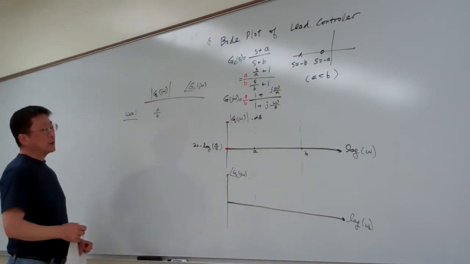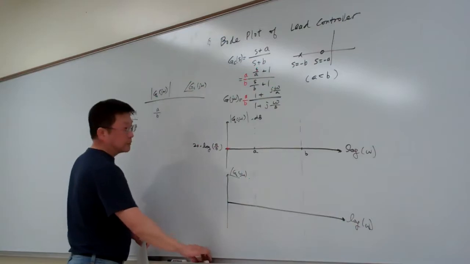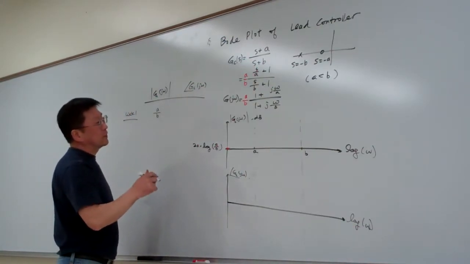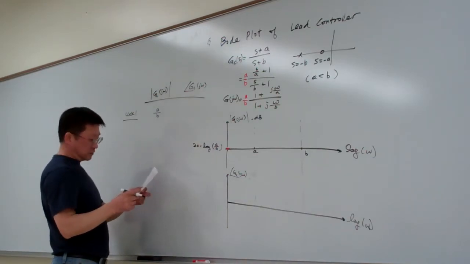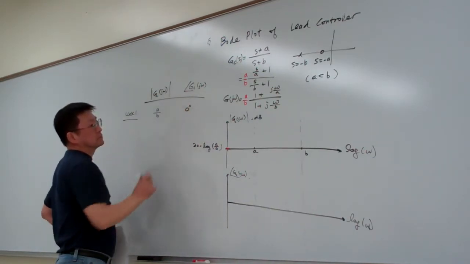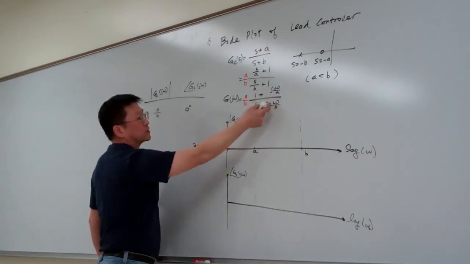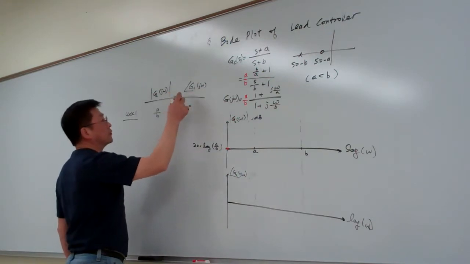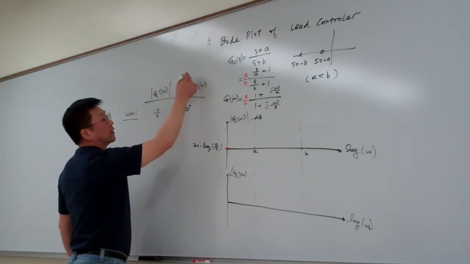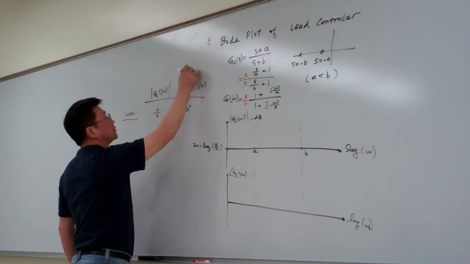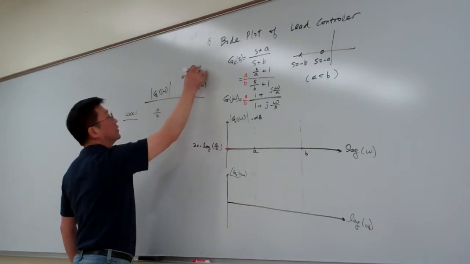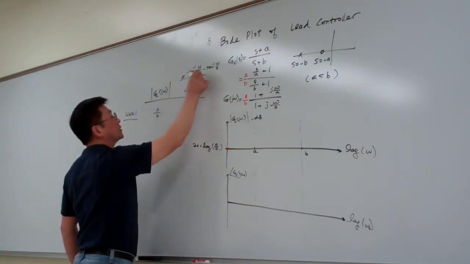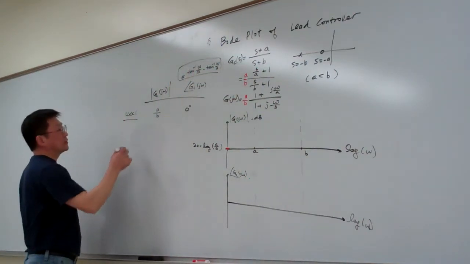And for angles, this one is basically 0 degrees. Again, when omega is very small, we can calculate the angle, which equals the arctangent of omega over A minus the arctangent of omega over B. Okay, so that is the calculation for angle, keep that in mind.